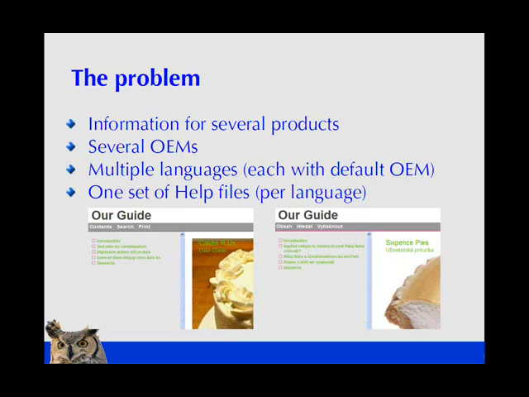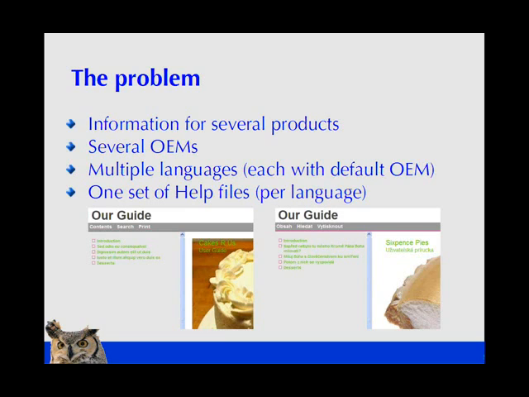Now, the real twist was they had a family of products, and for each of the products, they wanted the help to reflect the correct device names, the correct images, all the correct things about each specific device in this family. So when a customer was viewing the help, they had a nice warm fuzzy feeling that they were actually seeing help that was specific to their product.